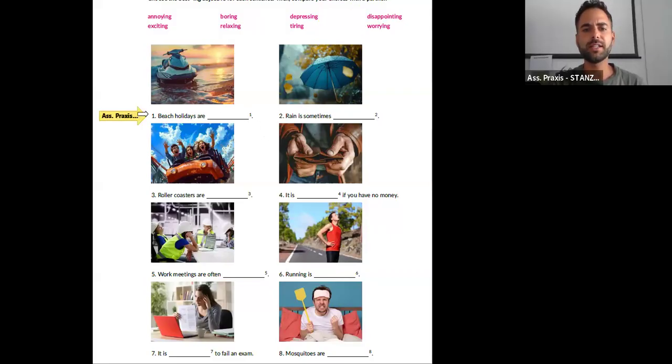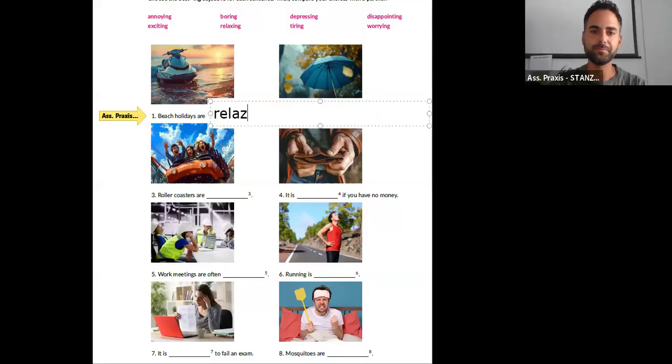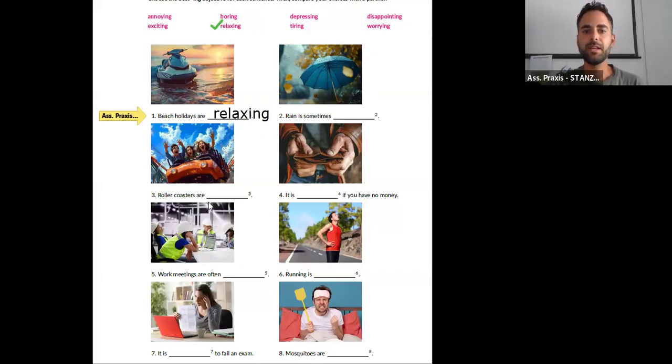How would you describe beach holidays? Well, they are tiring sometimes, but I think that the best adjective to describe a beach holiday is relaxing. Beach holidays are relaxing.